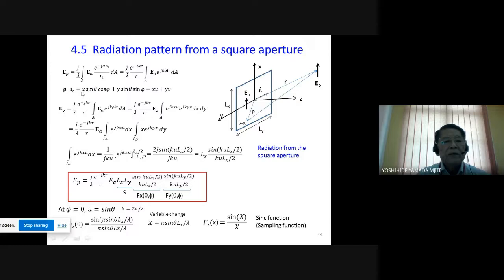By putting this phase part, the X direction phase change and Y direction phase change are separately expressed.